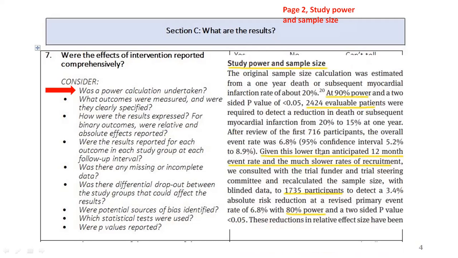But later on, given the lower than anticipated 12-month event rate and the much slower rate of recruitment, they consulted with the trial funder and the trial steering committee and recalculated the sample size. They decreased the power to 80% and calculated the participants as 1,735. So was a power calculation undertaken? The answer is yes.